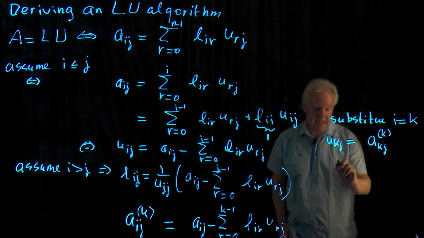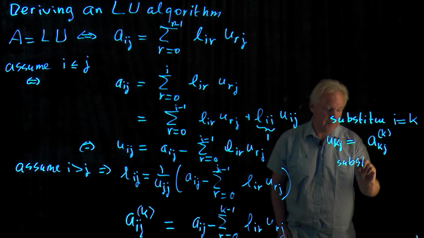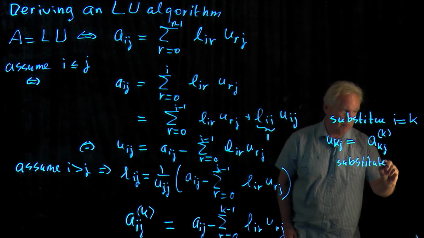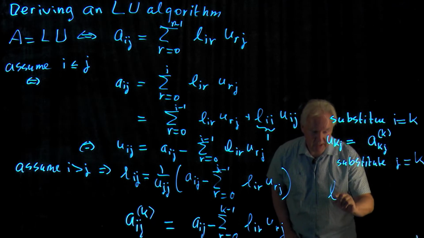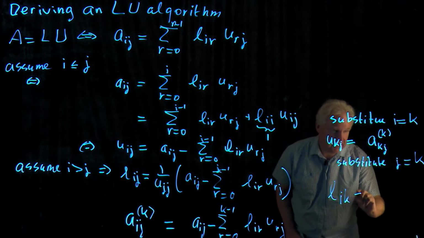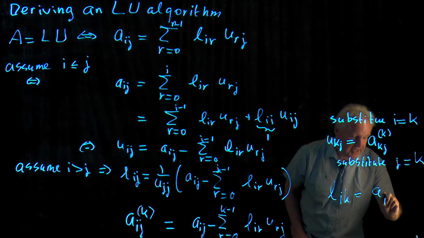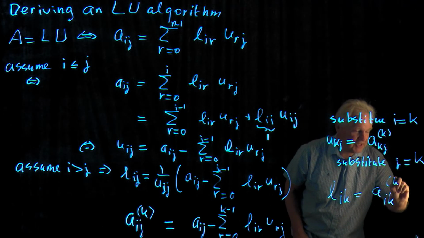And similarly, if we substitute j equals k, then we have Lik, which becomes Aik at stage k.